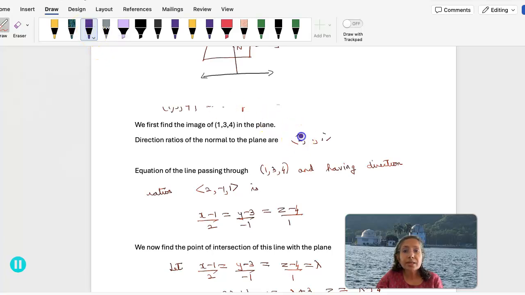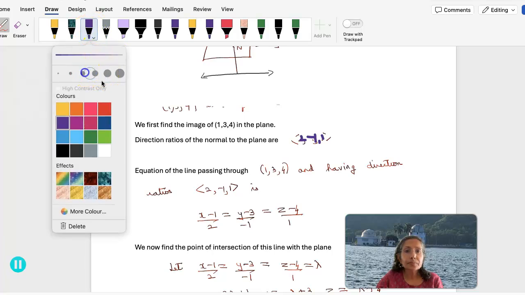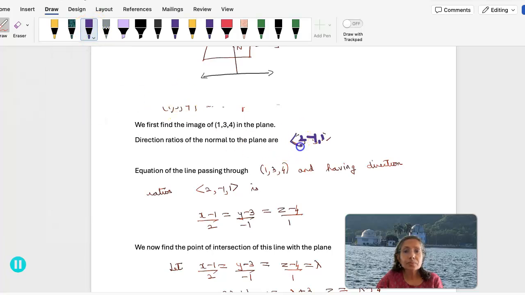The equation of the line passing through (1, 3, 4) and having direction ratios 2, -1, 1 will be (x - 1)/2 = (y - 3)/(-1) = (z - 4)/1.